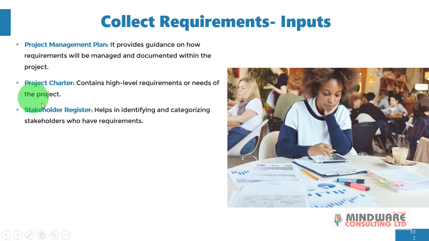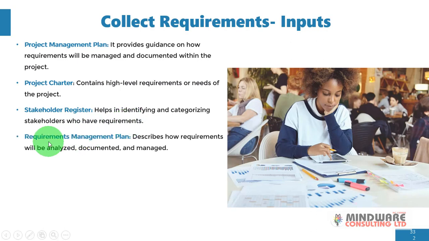Okay. Next is the stakeholder register. This helps in identifying and categorizing stakeholders who have requirements. Okay, very interesting. Requirements management plan describes how requirements will be analyzed, documented, and managed. Okay.